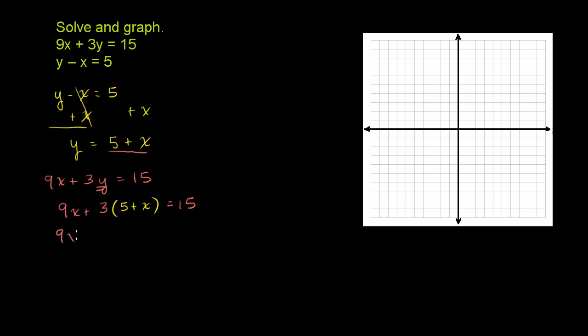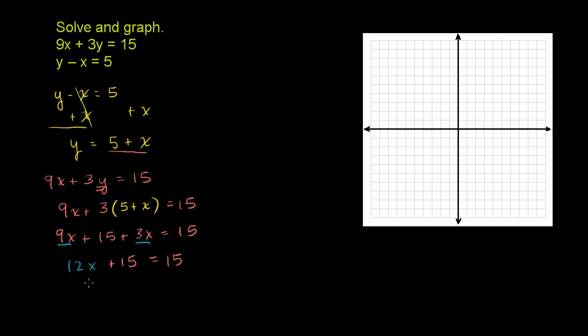We get 9x plus 3 times 5 is 15, plus 3 times x is 3x, is equal to 15. So we can add the 9x and the 3x. So we get 12x plus 15 is equal to 15.